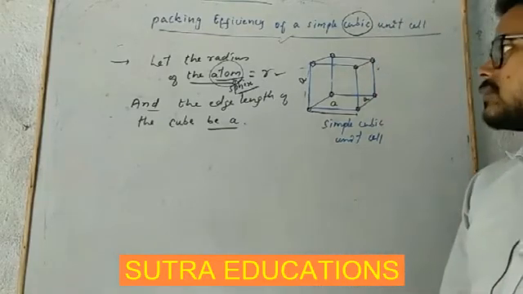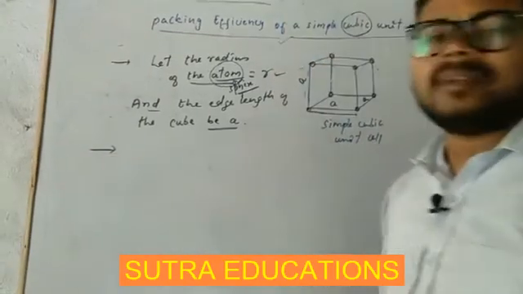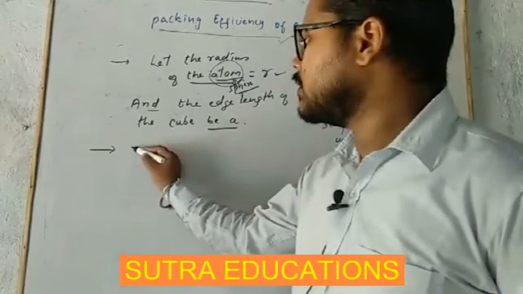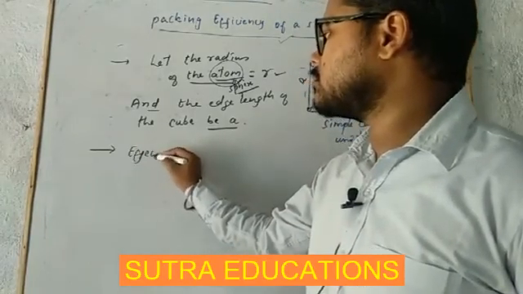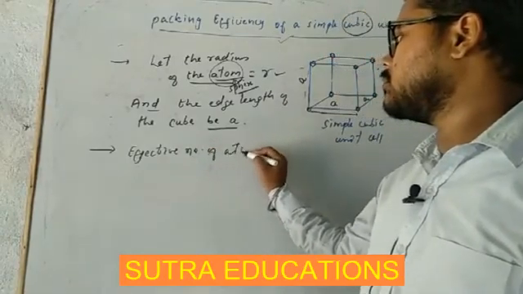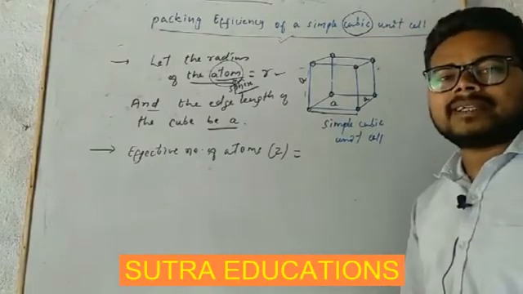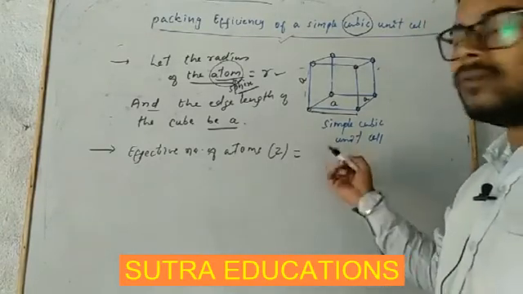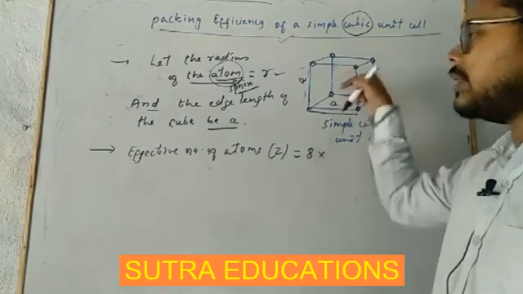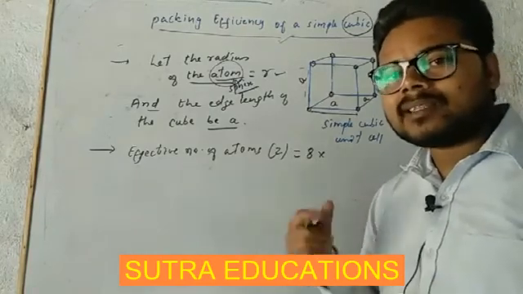Okay, now we know if it is a simple unit cell, then effective number of atoms, that is Z, we have calculated, is equal to 1, because 8 atoms are present at 8 corners, and contribution of the corner atom is 1 by 8.